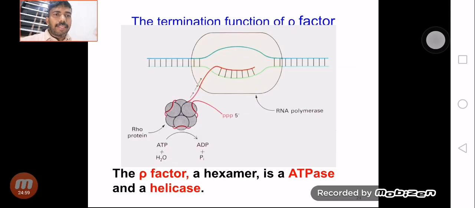And this molecule is a hexameric molecule with ATPase and helicase activity, and this is the fashion in which they are binding over the newly synthesized RNA transcript.